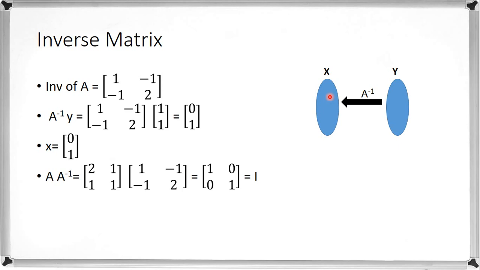So identity for scalars is 1, and identity for matrix transformation is the I matrix. I matrix means there are elements on the diagonal only which are 1, 1, 1, and other elements are 0.